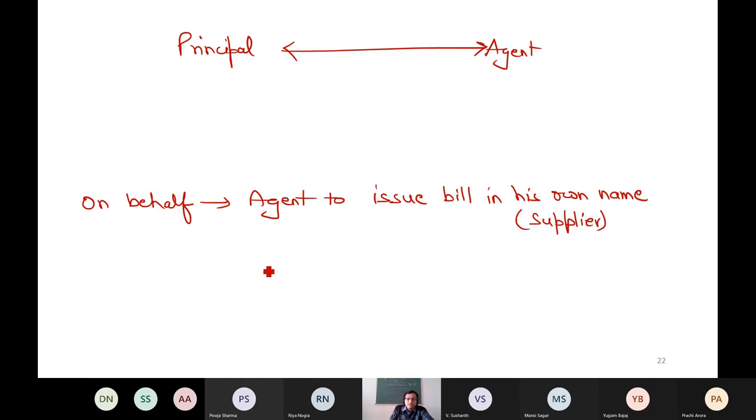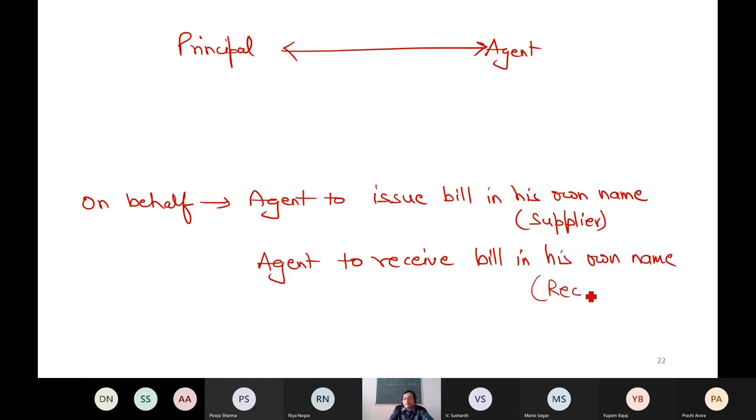Similarly, when agent is acting as receiver, then agent has the power to receive bill in his own name, when agent is acting as a recipient. In that case, you say that it is the true meaning of on behalf of the principal.